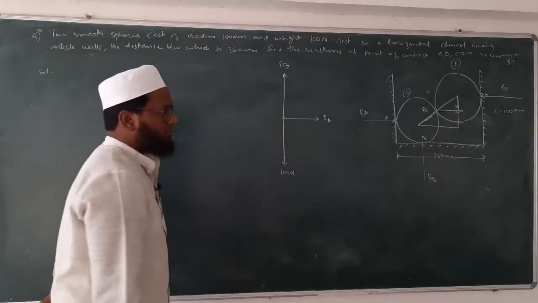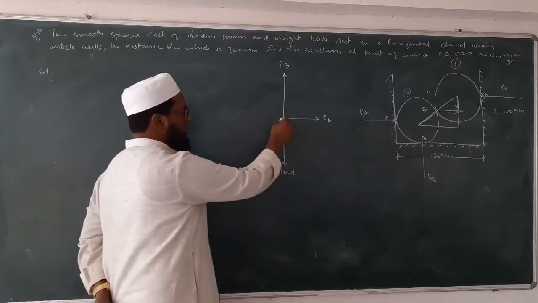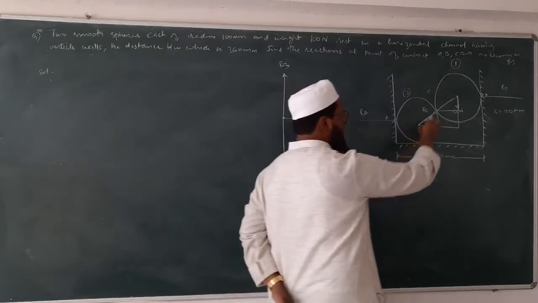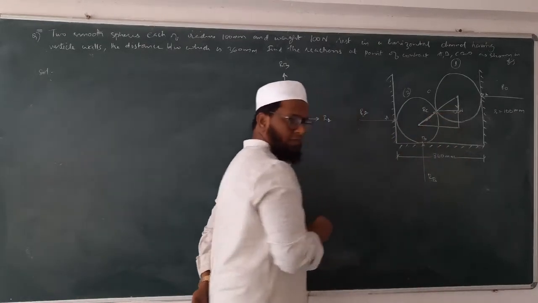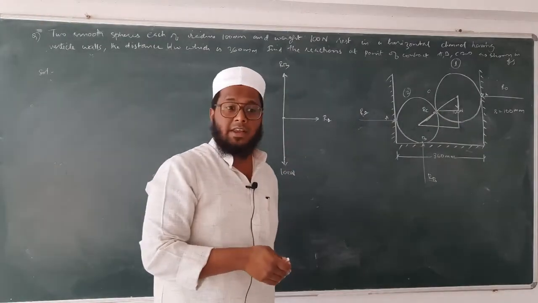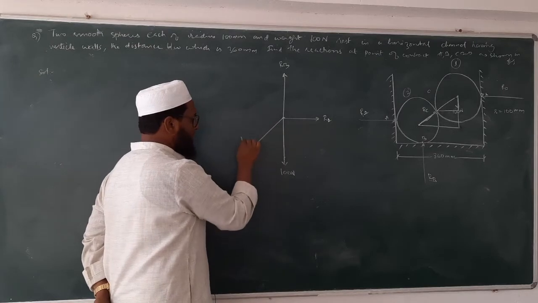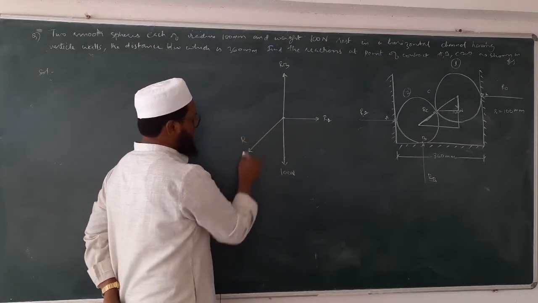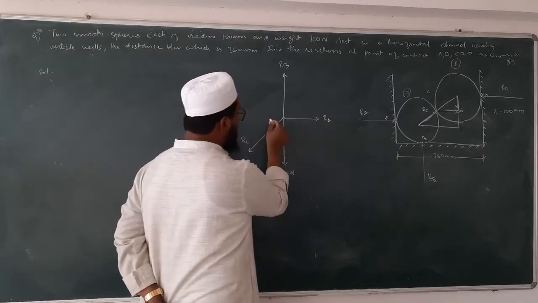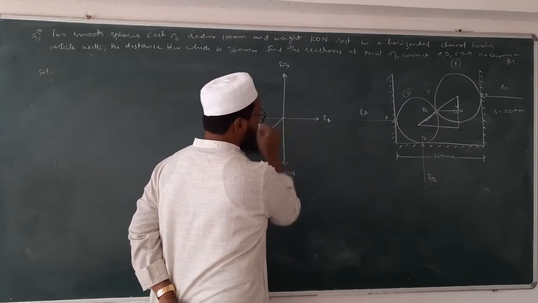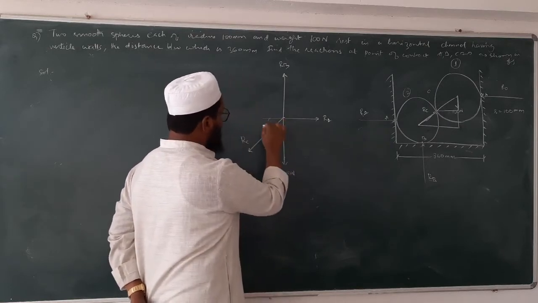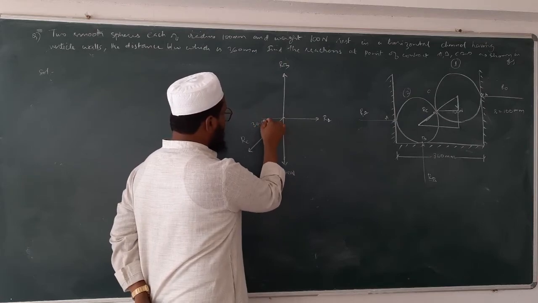Then we have RC. So RC, shall I take in this direction or this direction? Towards. Why? Because we are calculating reactions, isn't it? What is the inclination of RC with x-axis? We have calculated, that is 36.86.